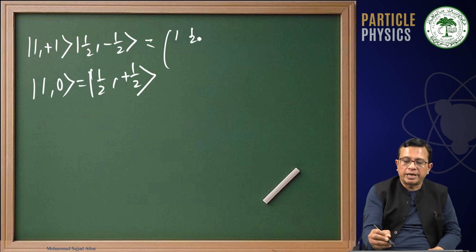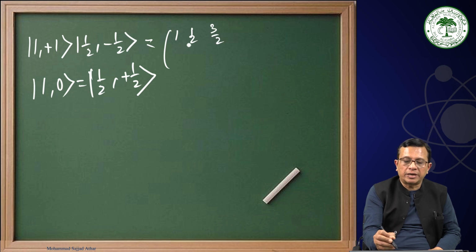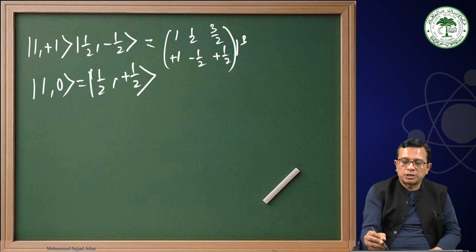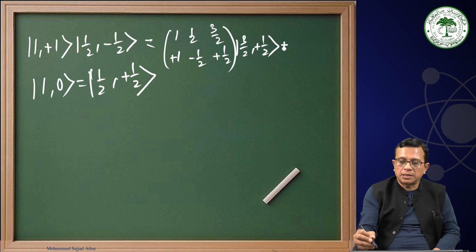That is why yesterday we wrote it as half, 1 half 3 half plus 1 minus half plus half, 3 by 2 plus half, and then plus 1 half half plus 1 minus half plus half, half plus half.